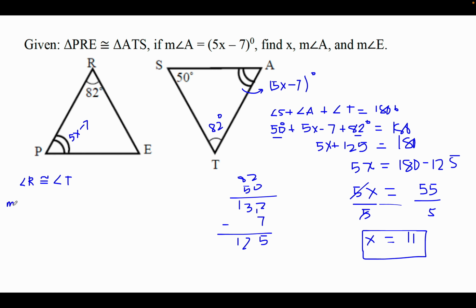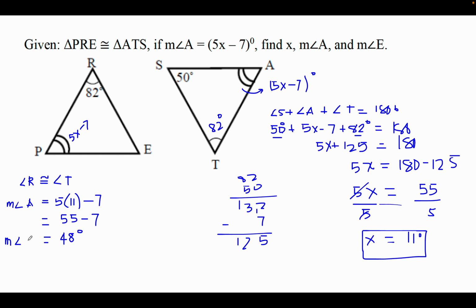So, that means measure of angle A, if x is 11, therefore, we have 5 times 11, okay, use parentheses to denote multiplication, minus 7 is equal to, so 55 minus 7, the answer is what? 48 degrees.